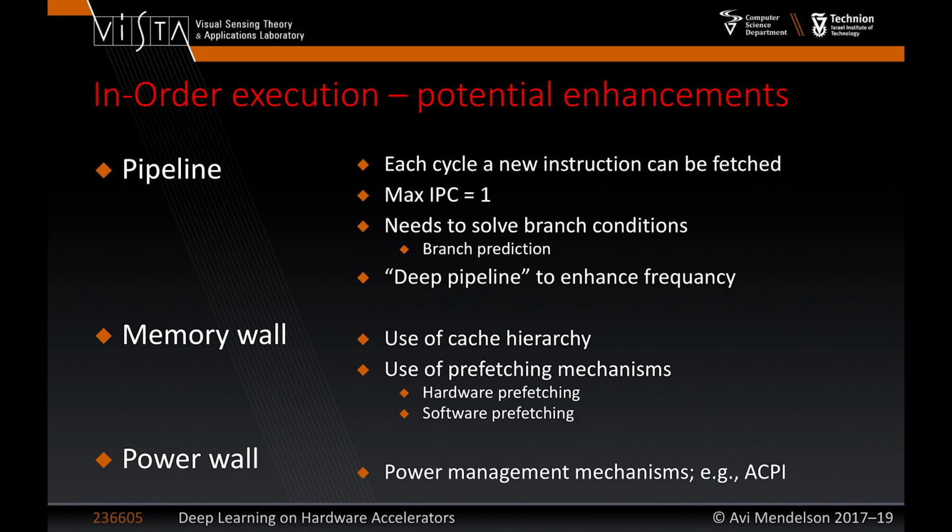And the third parameter that we have today is the power wall, because in most systems, power is one of the main factors that limit our performance. So people ask, what is the connection between power and performance?